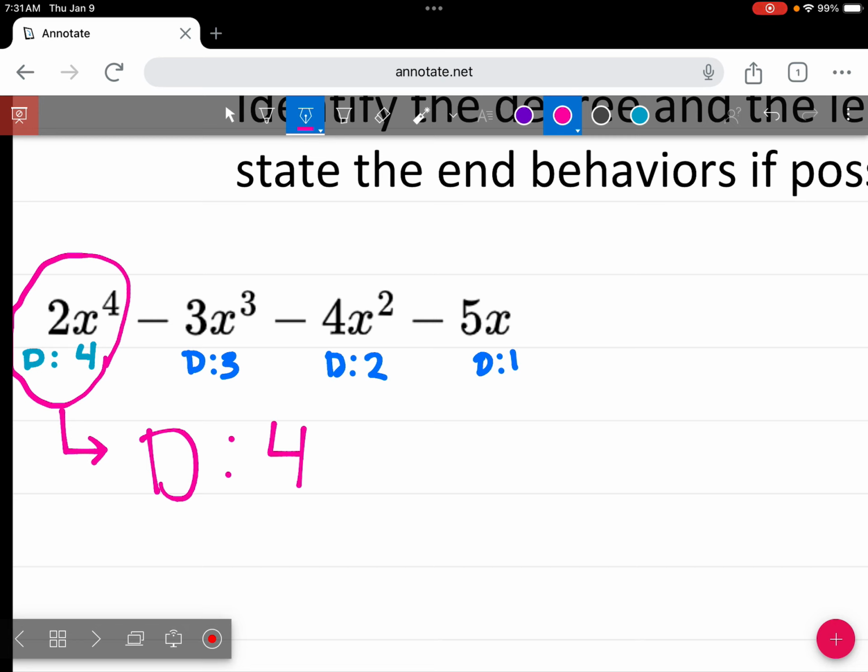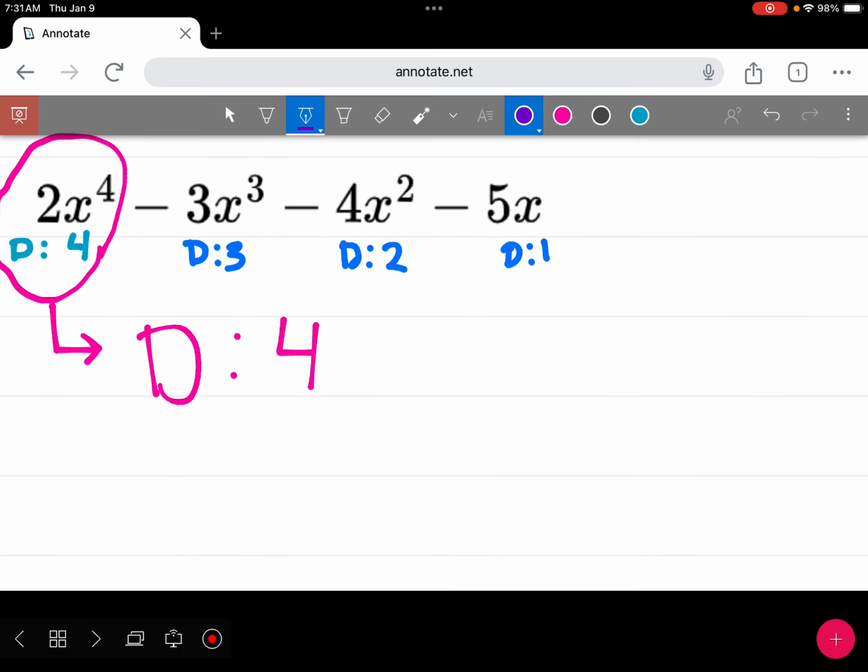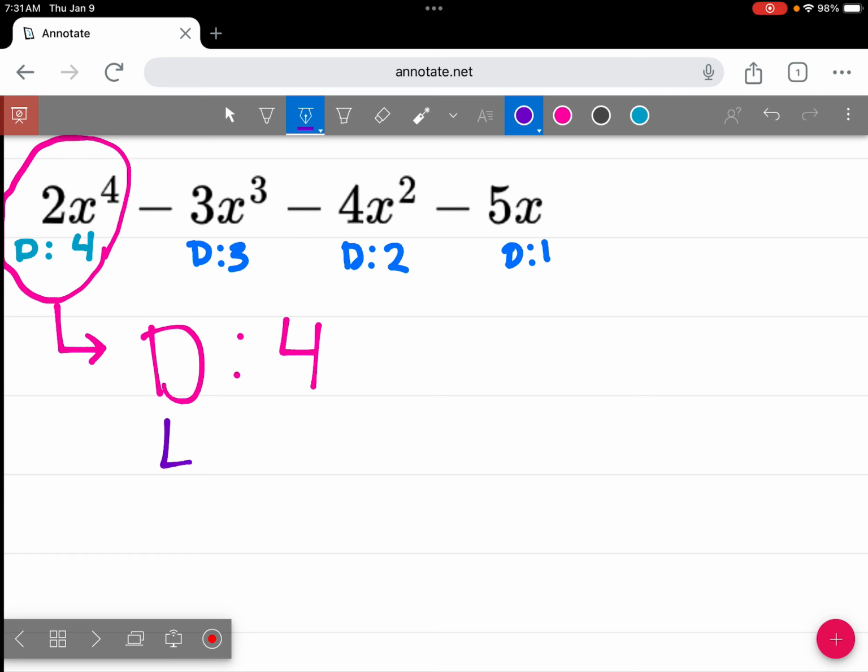It's the biggest exponent. Since this is the term that has the biggest exponent, what might our leading coefficient be? What coefficient is with the term that has the highest degree? 2. So the leading coefficient of the polynomial is 2. So I know we have a degree of 4 and a leading coefficient of 2.